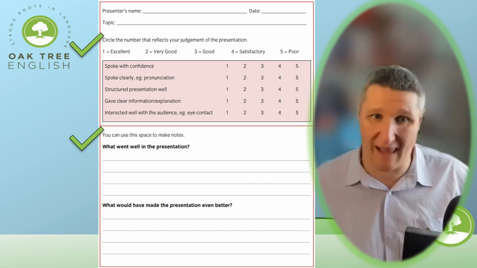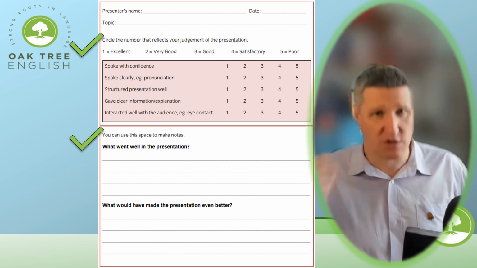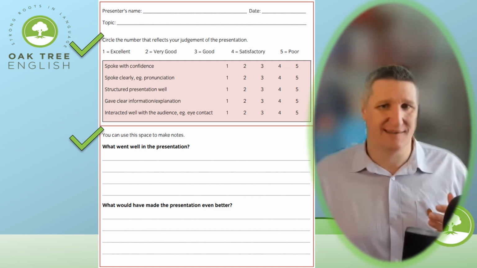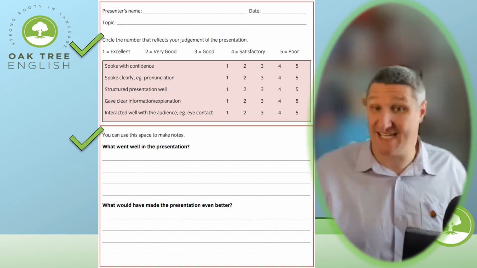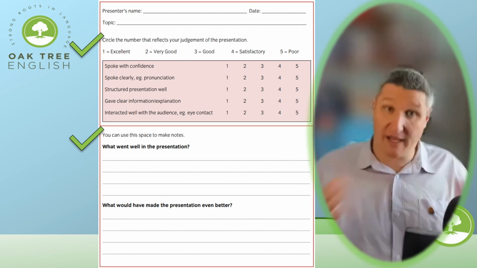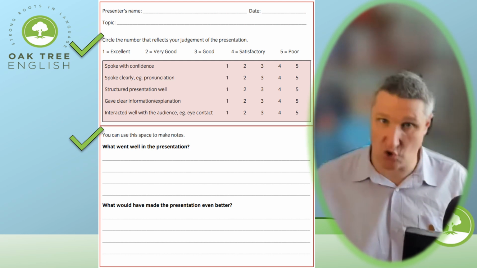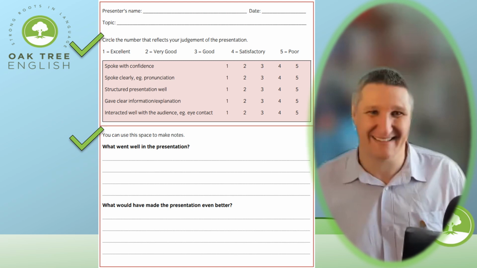That is what went well in the presentation. So you make a note, say 2 things that you thought were really good about the presentation. Now that could be pronunciation, or it could be a use of a particular word or a line of argumentation. Just say something that is good about the presentation. Hopefully that shouldn't be too hard to find.